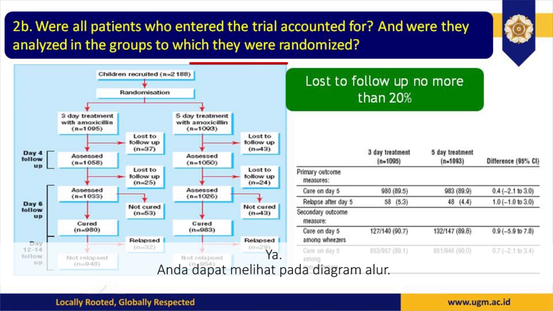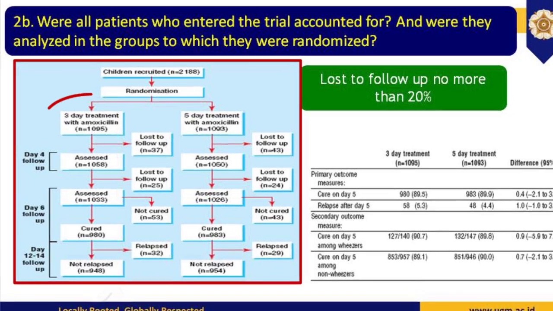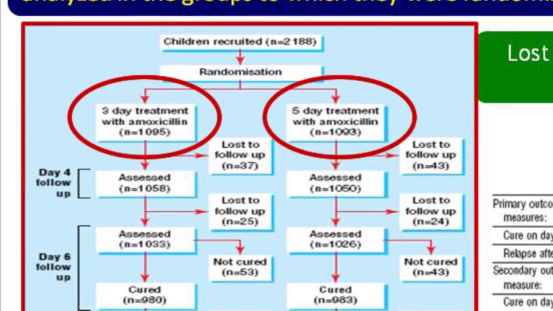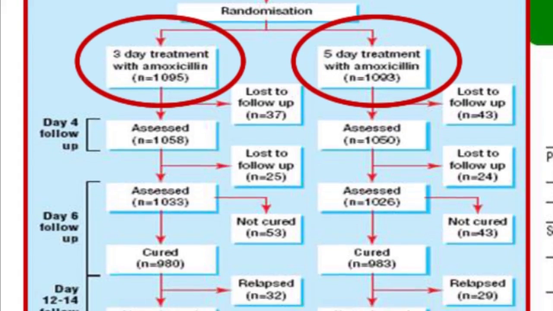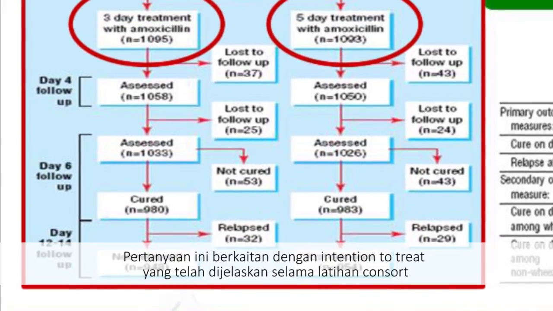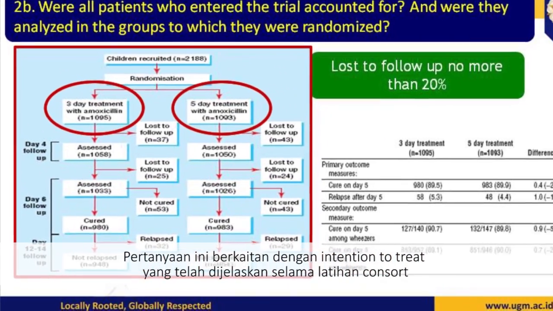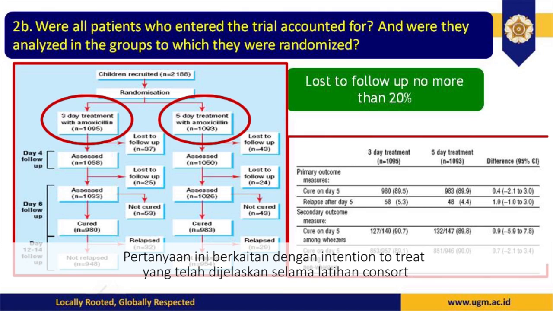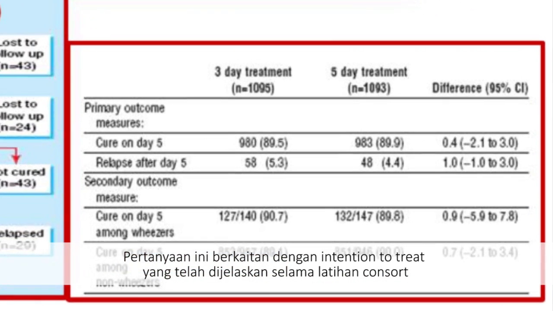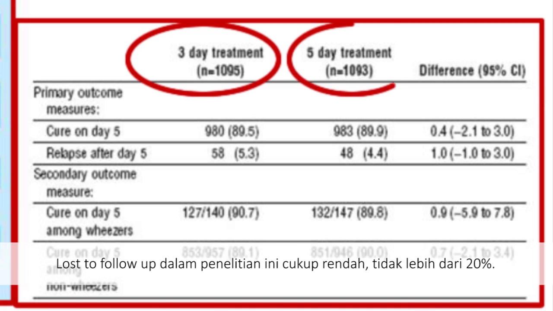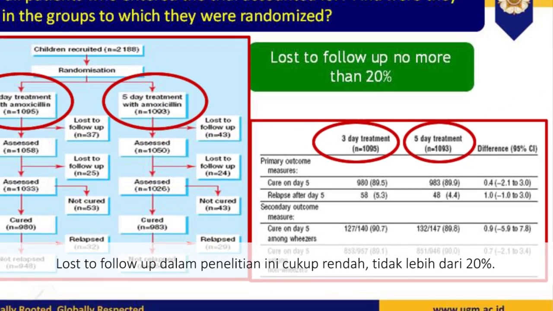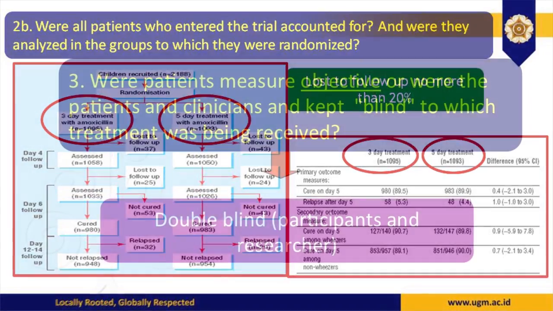Yes. You can take a look at the flowchart. This question is related to intention to treat, which has been explained during the control exercise. Loss to follow-up in this study is quite low, no more than 20%.